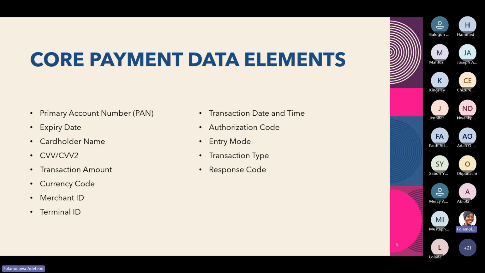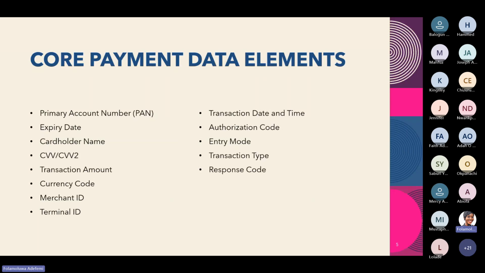We also have the terminal ID, and this is again a unique identifier for the terminal that was used. So it's an ID for whatever POS or payment terminal was used. We have the transaction date and time. We have the authorization code. The authorization code is something that comes back from the issuer.